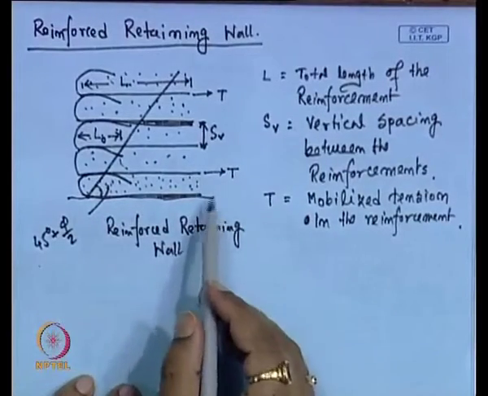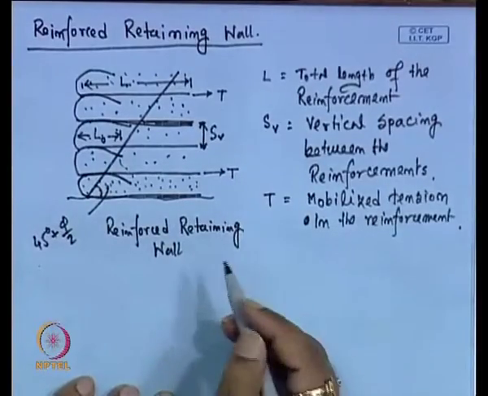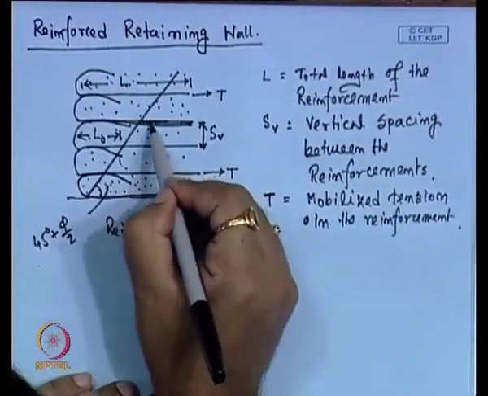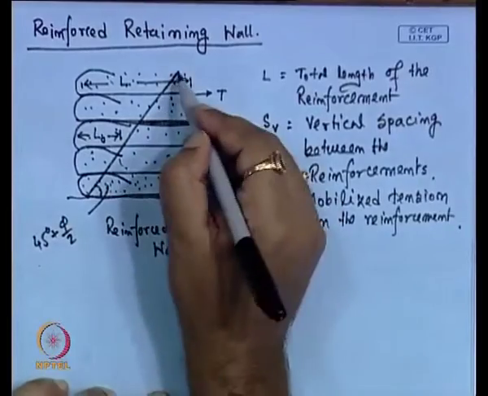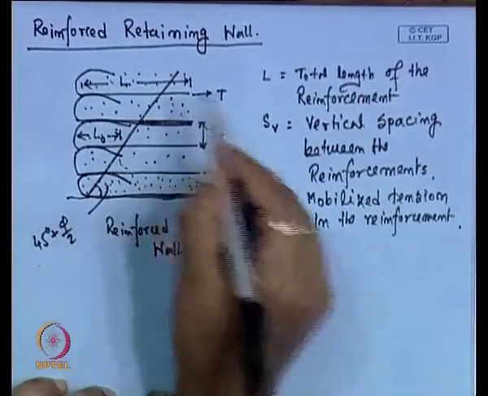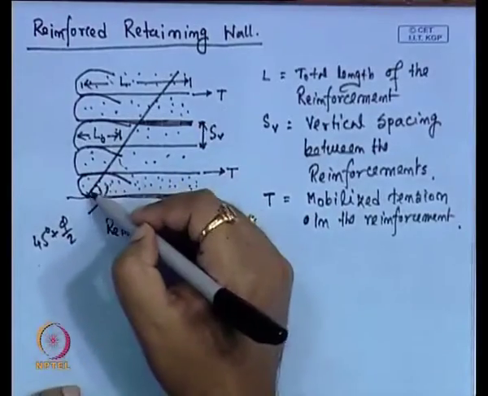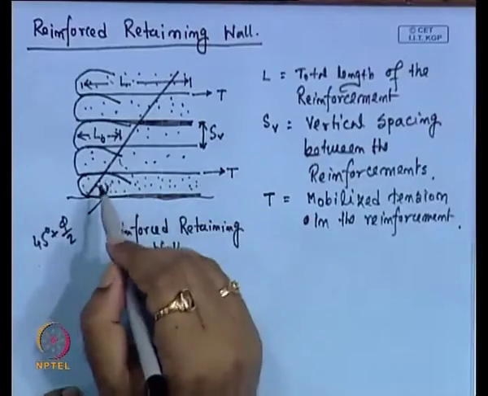Now, this T cannot be greater than the axial strength of the reinforcement, because otherwise there is a possibility that this will fail. When you are talking about the S V and the length, we can see that this is the failure surface of the reinforced earth.